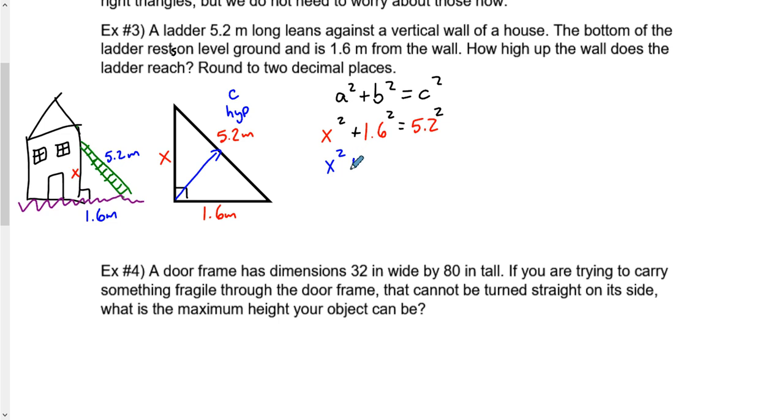For example, 1.6 squared being 2.56 and 5.2 squared being 27.04. To get this x squared by itself, subtract the 2.56. Meaning I'm left with x squared being 24.48.